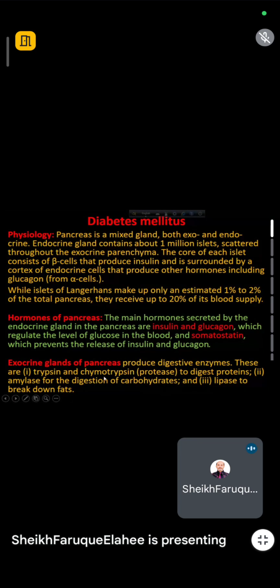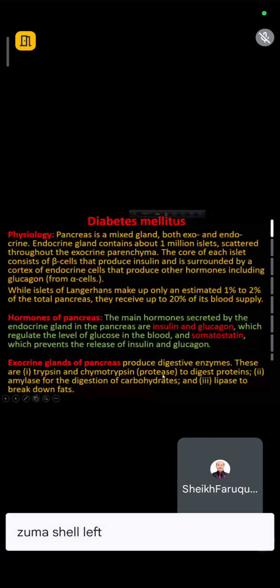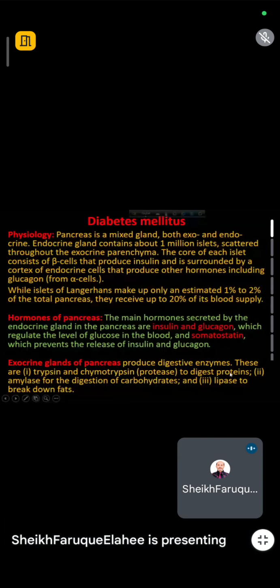So trypsin and chymotrypsin, these are protease. This enzyme digests proteins. Then carbohydrate is digested by amylase, and fat is digested by lipase. So there are 3 types of enzymes produced by pancreas to digest our food.